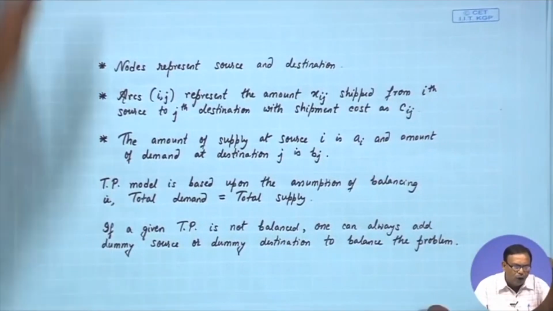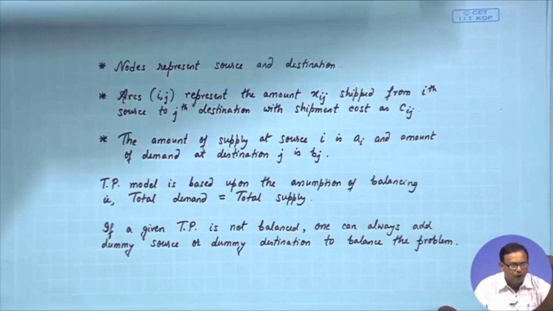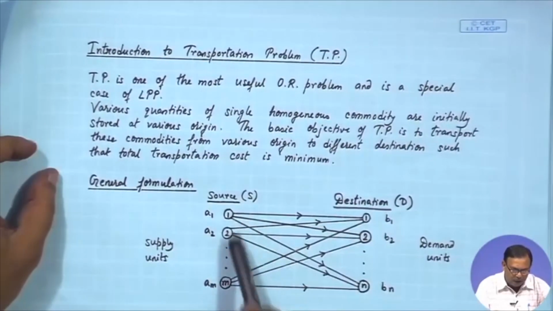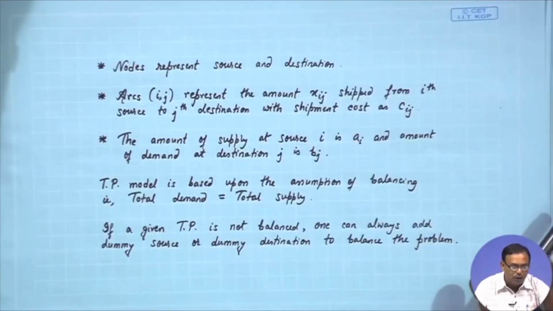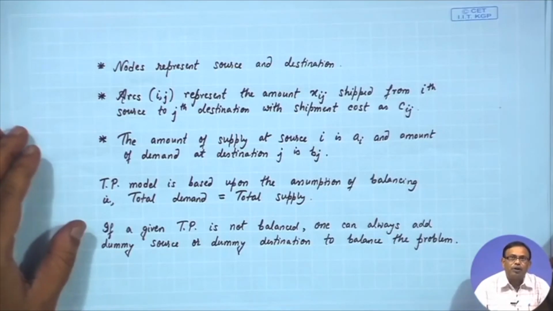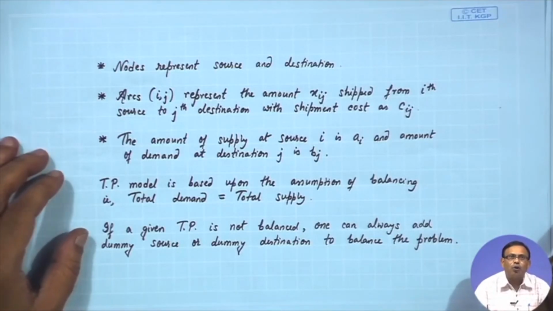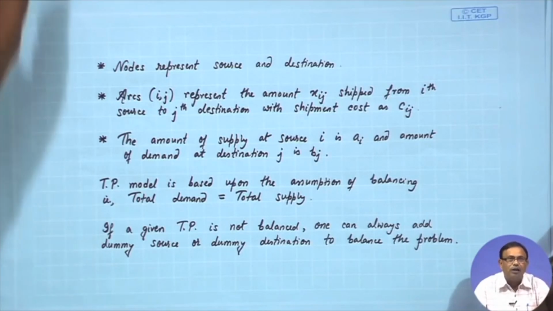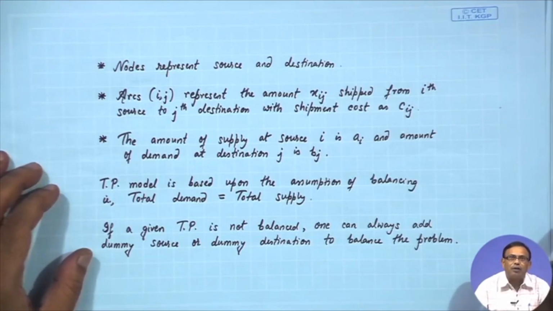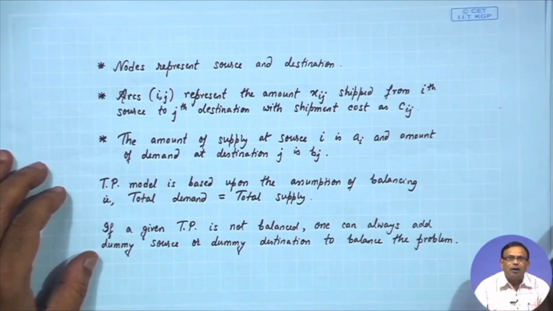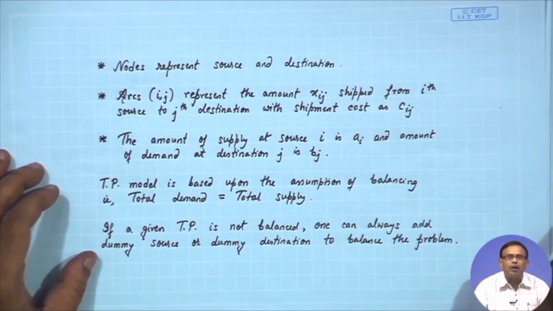The nodes, whatever we have defined over here, represent the destinations and sources. Now, the arc (i, j) represents the amount x_ij shipped from the ith source to the jth destination with shipment cost c_ij.